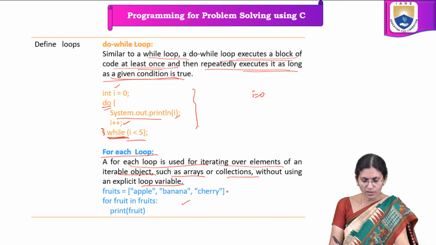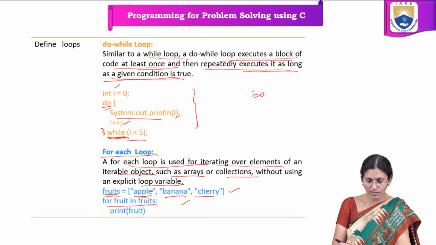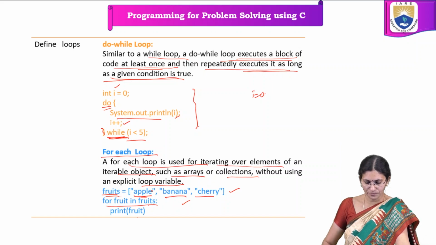For example, if you have this list which is assigned to the variable fruits, then by using for each loop, for fruit in fruits, you can print fruit. If you write this in this way, then it will print each value which is there in the list. Each element of the list, one by one, it will be printing.